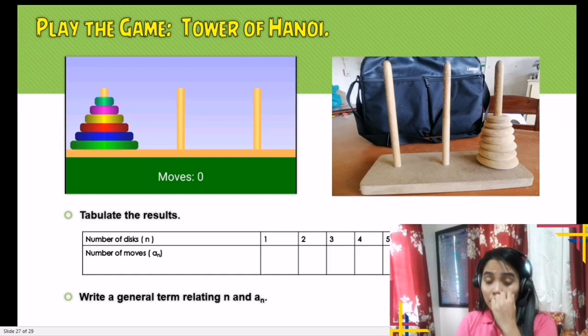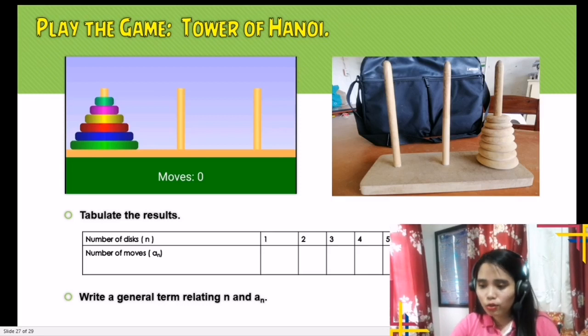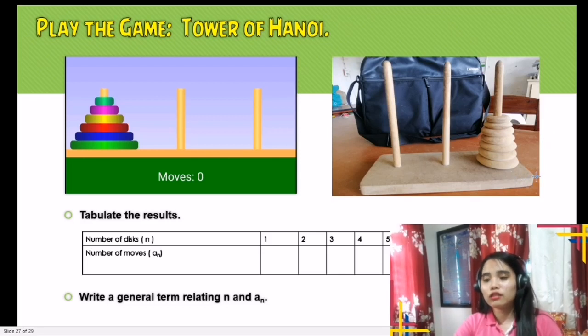Okay, so, do you know this game? Tower of Hanoi? Okay, so, you can download Tower of Hanoi if you want to play this game, ha? Tower of Hanoi in your mobile, or if you have this Tower of Hanoi, okay, I have different examples of Tower of Hanoi.